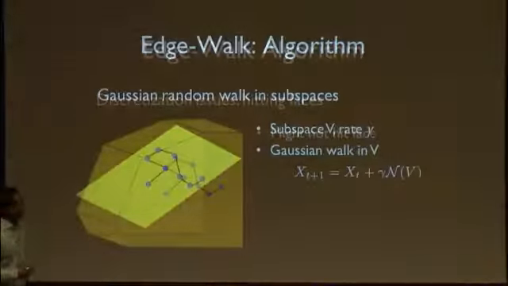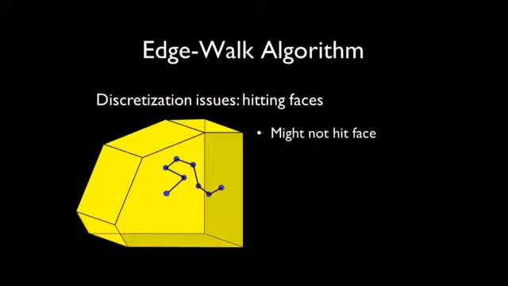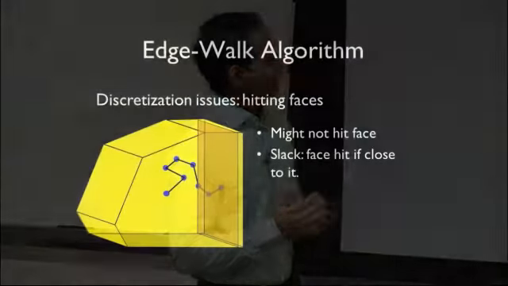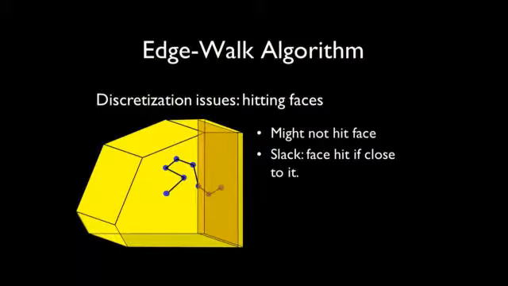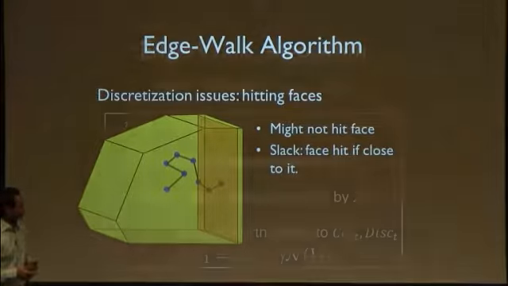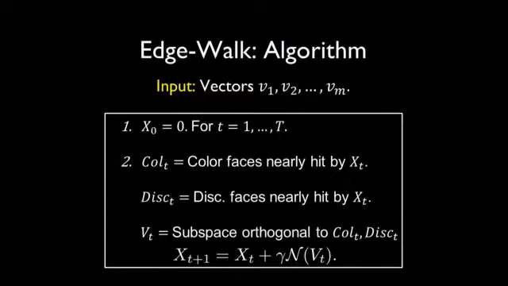Okay? And another minor issue is that in the description, I said you stop the walk once you hit a face. But if you're doing a discrete walk, you might not hit the face, but might overshoot it. The solution is just to introduce a slack near each boundary. So if you get too close to the boundary, then we'll say we hit it. So let me now describe the algorithm.